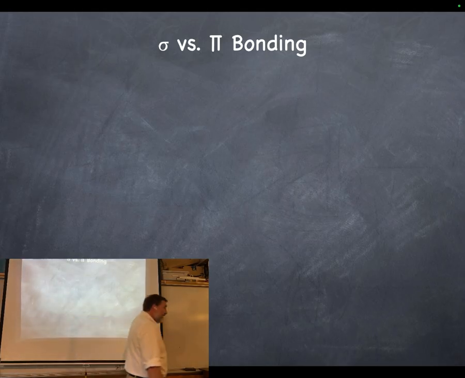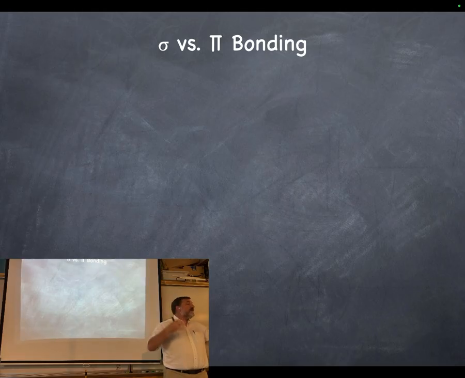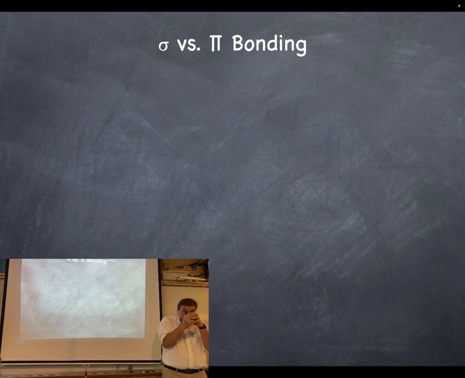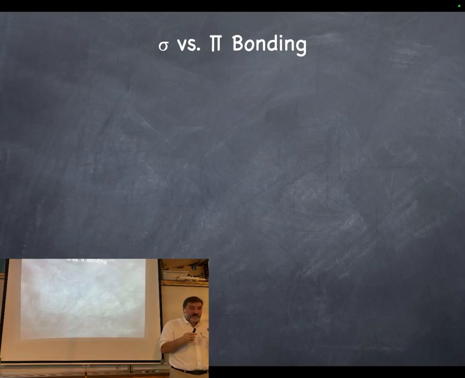Now, this type of bonding depends on where the orbitals overlap, right? Covalent bonding is all about orbitals from different atoms overlapping, adding together, and concentrating the electrons between the 2 atoms. Then the nuclei are attracted to those electrons.